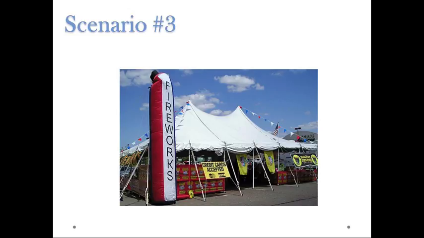Scenario 3. We have a small local business that sets up a fireworks stand near Andover, Kansas, in Butler County every year, and orders fireworks from suppliers, and has a contract with a supplier called Big Boom.